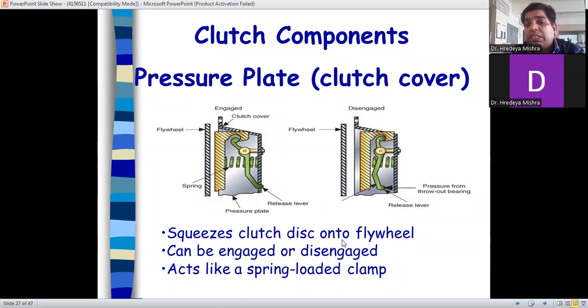The clutch disc on the flywheel can be engaged or disengaged, acting like a spring-loaded clamp. See here, the spring is there. When we apply the force, the spring is compressed, and due to this the clutch plate is disengaged from the flywheel.